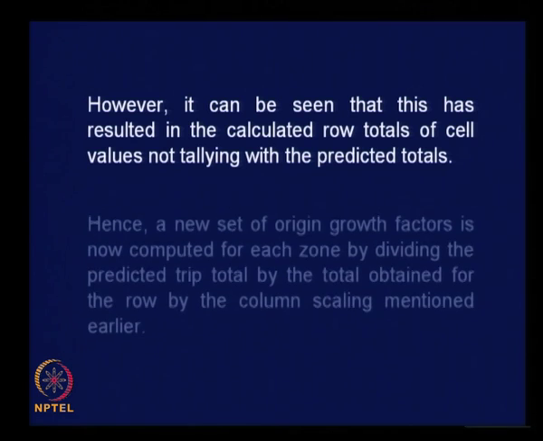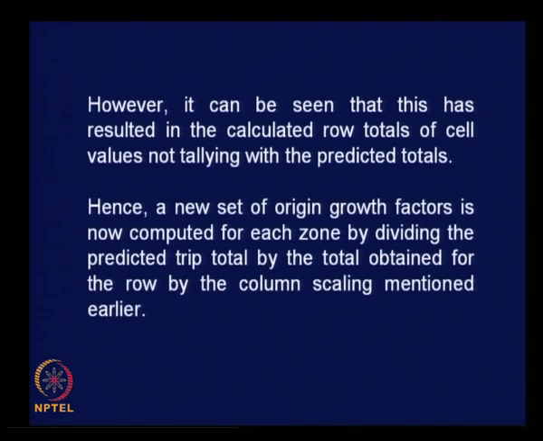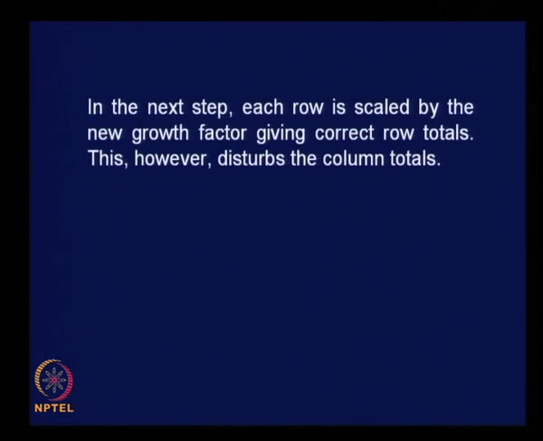However, it can be seen that this has resulted in the calculated row totals of cell values not tallying with the predicted totals, that is what we have seen, and hence a new set of origin growth factors is now computed for each zone by dividing the predicted trip total by the total obtained for the row by the column scaling mentioned earlier, and in the next step each row is scaled up by the new growth factor giving correct row totals.